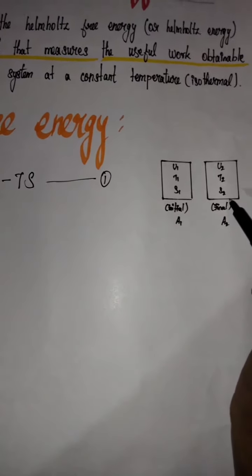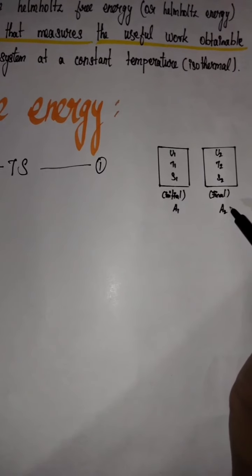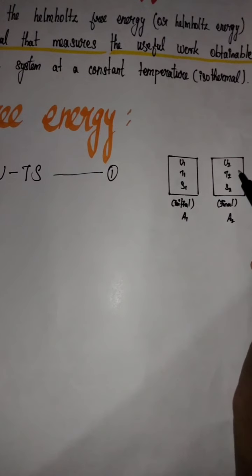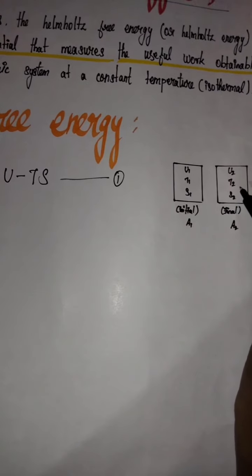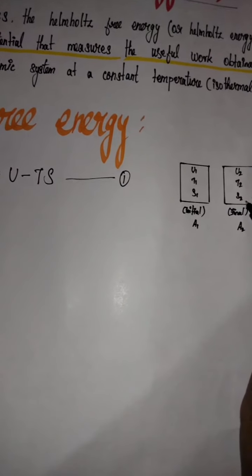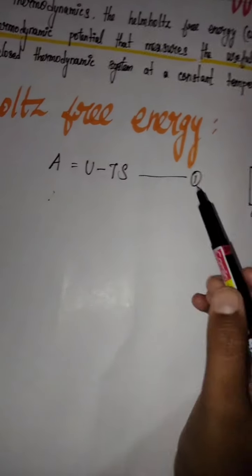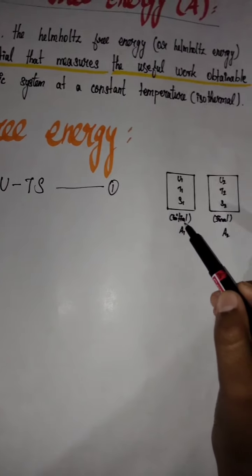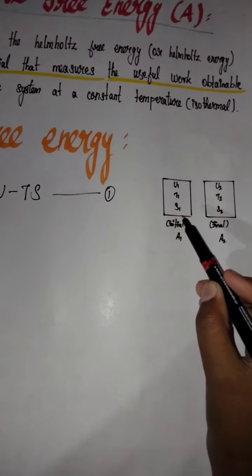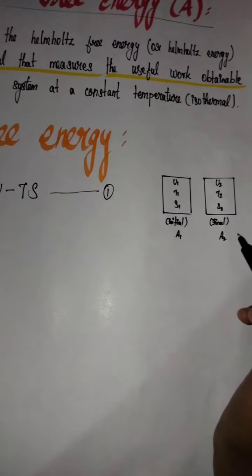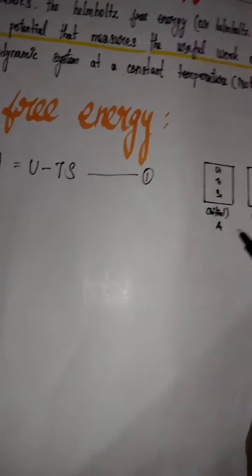And consider the same system in the final state, and mark it as A2. In the final state, the internal energy of the system is U2, temperature is T2, and entropy is S2. Now consider the change in A when the system passes from the final state to the initial state, that means from A2 to A1.